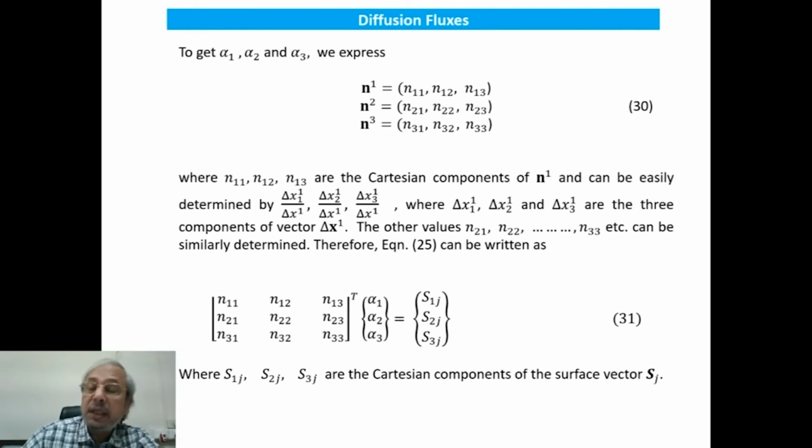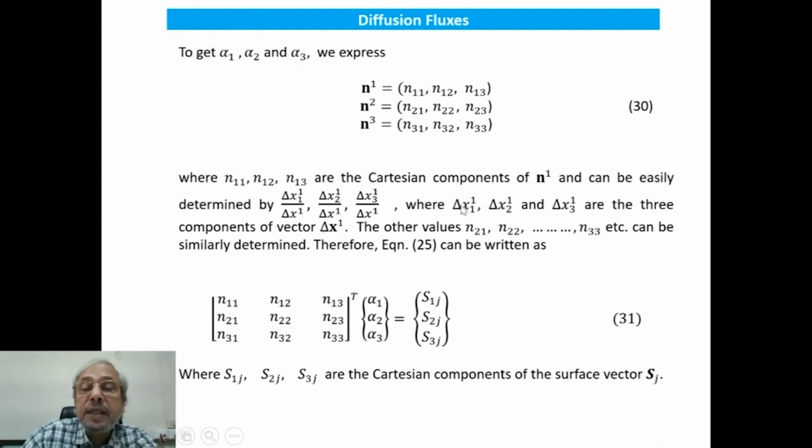Now n1, this unit normal vector, can be written as n11, n12, n13, where n11, n12 and n13 are the Cartesian components of n1, and can be easily determined by delta x11 by delta x1, delta x12 by delta x1, delta x13 by delta x1, where delta x11, delta x12 and delta x13 are three components of the vector delta x1. So delta x1 is a vector quantity.